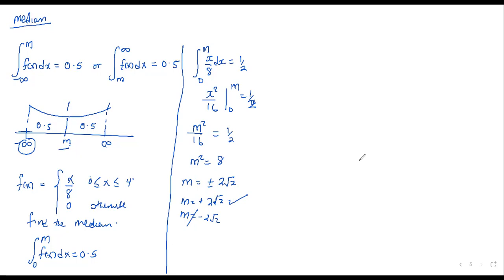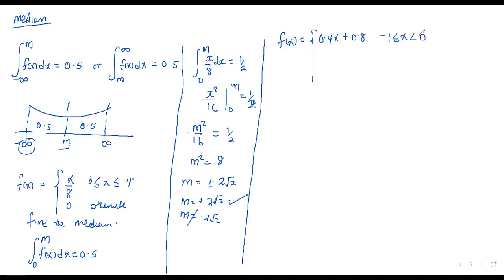Now one may ask themselves, what if the question is not direct like that one and it has two ranges? Like f of x is equal to 0.4x plus 0.8, negative 1 less or equal to x less or equal to 0.